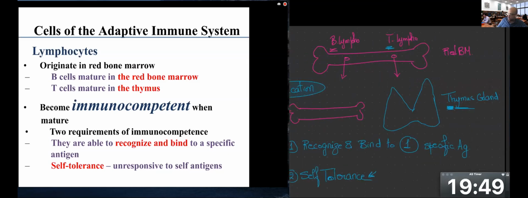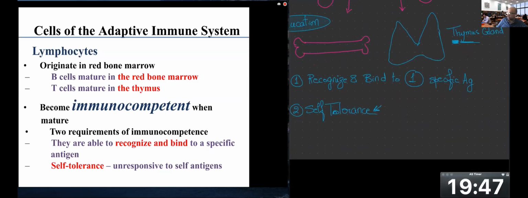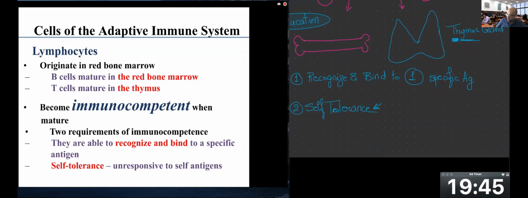So the first thing I learned in school is to recognize one specific non-self antigen. I will only recognize an antigen on rubella, only on measles, only on mumps, only on streptococcus, and so on.